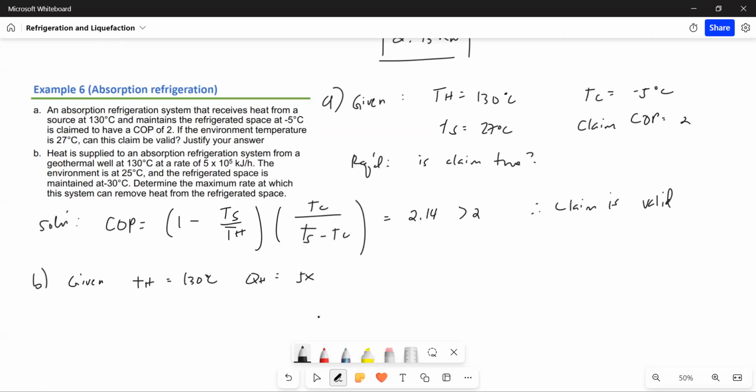Okay, so given, TH is 130 degrees, QH is 5 times 10 to the 5 per hour, TS is 25 degrees Celsius, TC is negative 30 degrees Celsius.